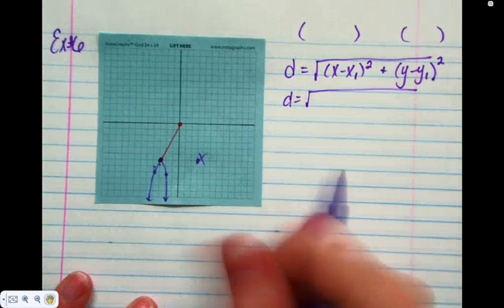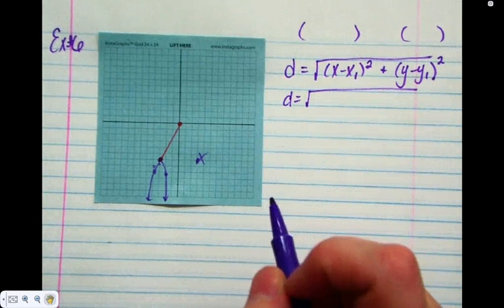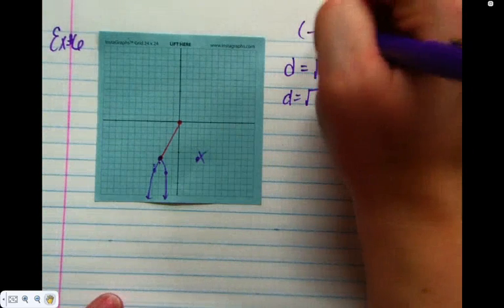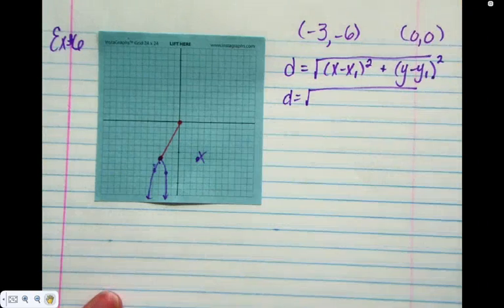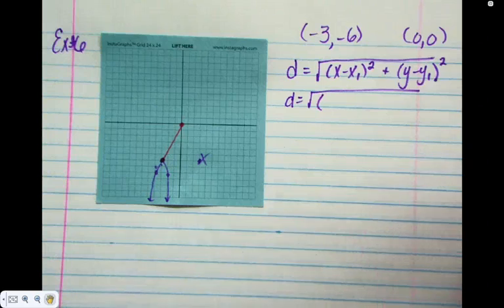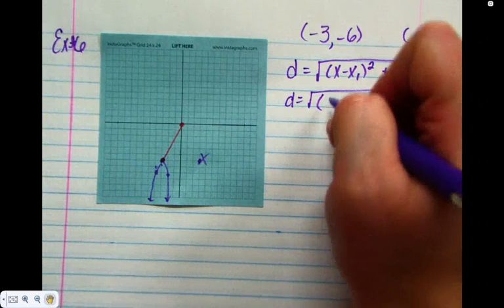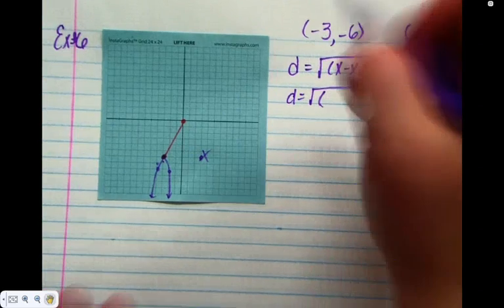What are the 2 points we're trying to find the distance between? -3, -6 and 0, 0. It doesn't matter which you use first, but I wrote this one down first, so I want to use it first.